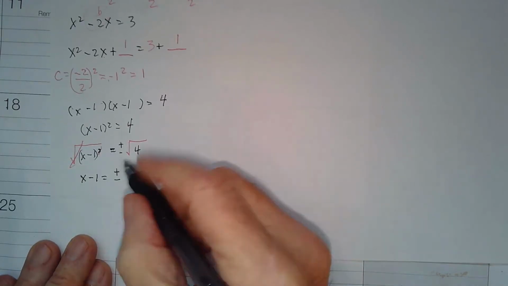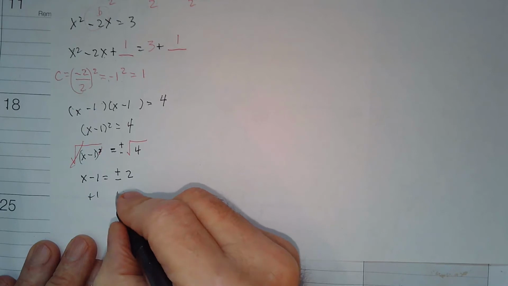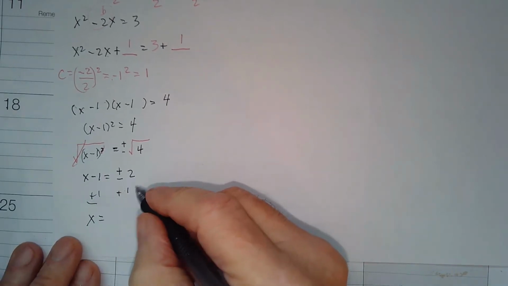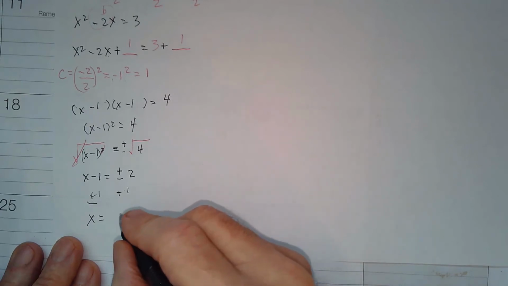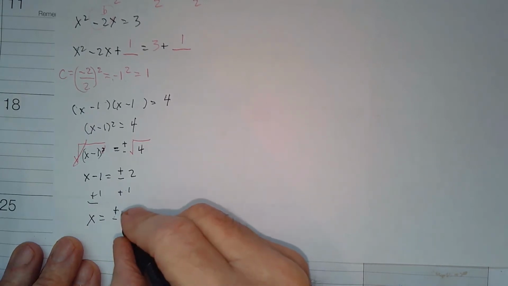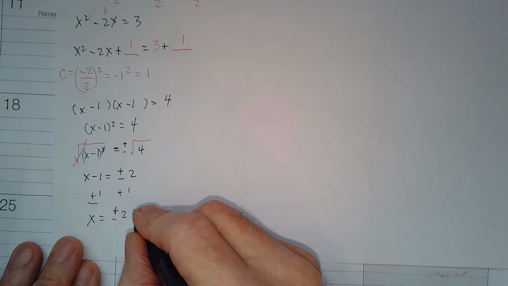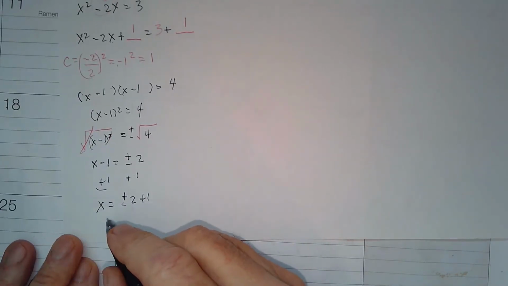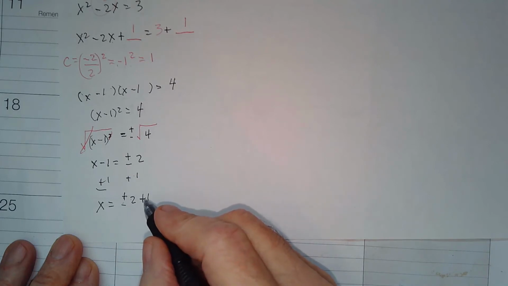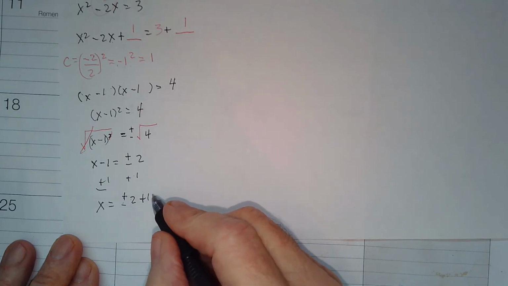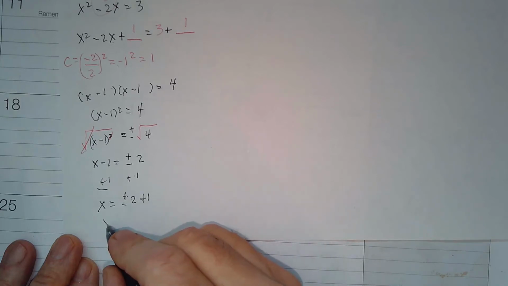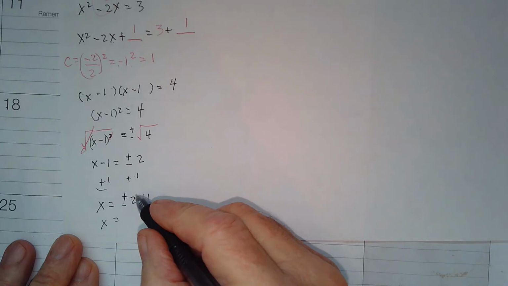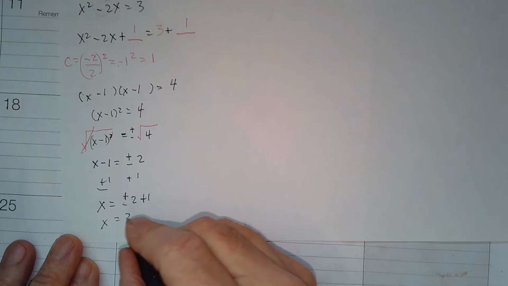So just add 1 to both sides, and you get x equals plus or minus 2 plus 1. All right, well, what is that? So x equals, well, let's see, 2 plus 1 is 3.